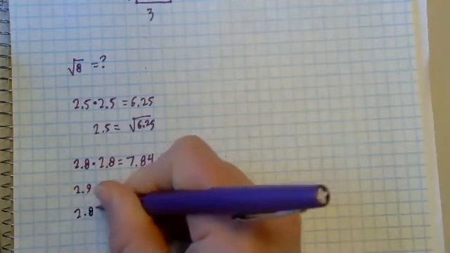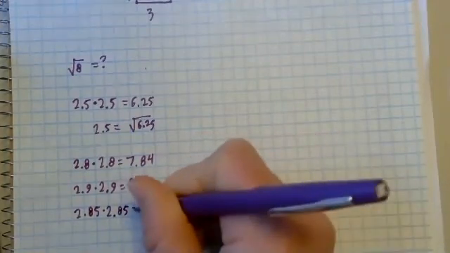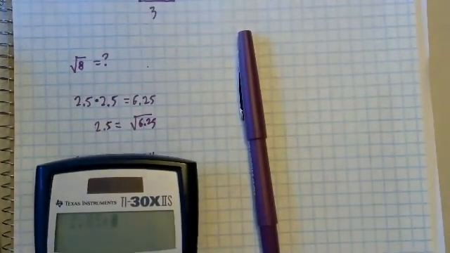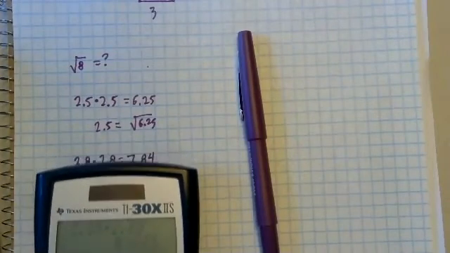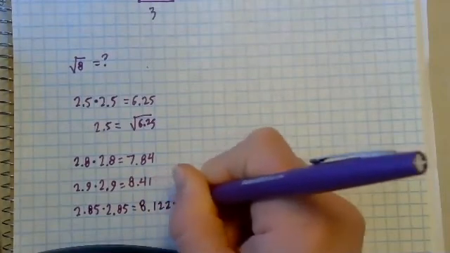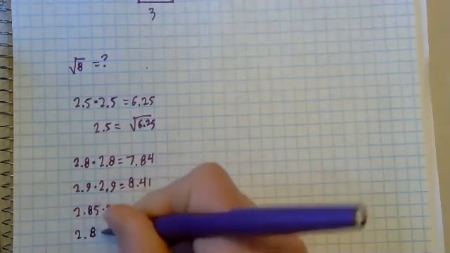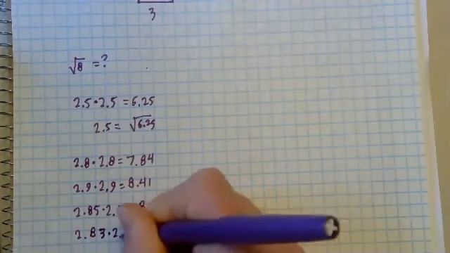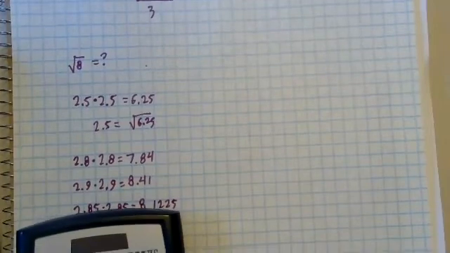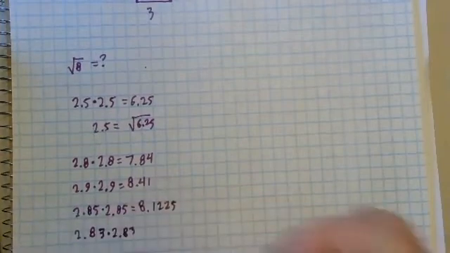I'll try 2.85. That's a little too big, but I'm getting warmer. I'll try 2.83. Ooh, definitely getting warmer here.